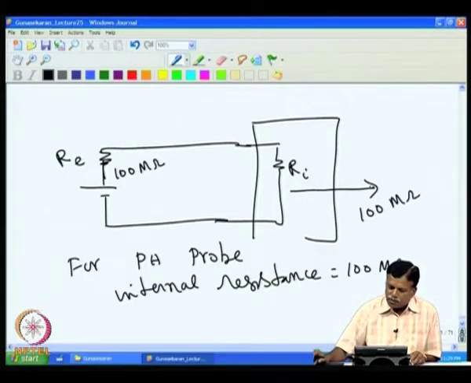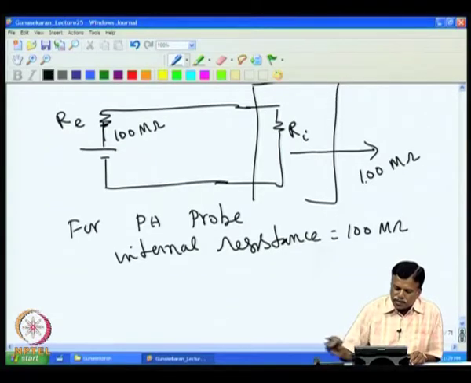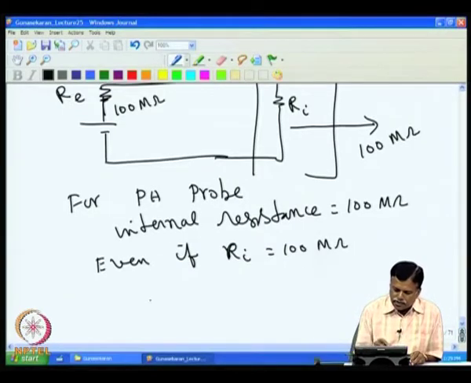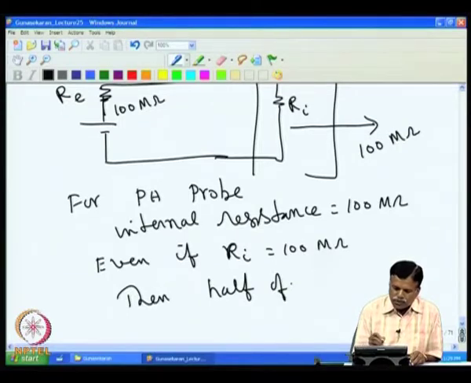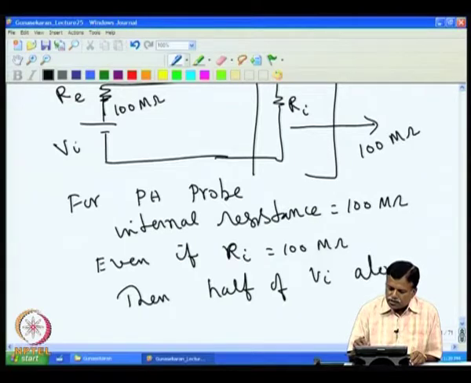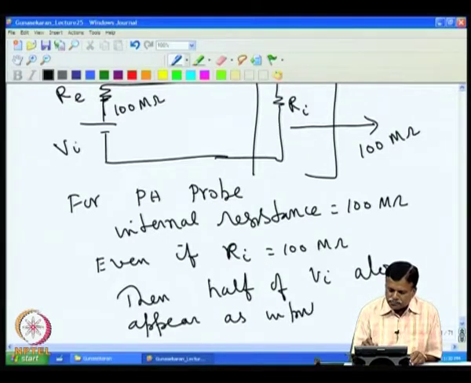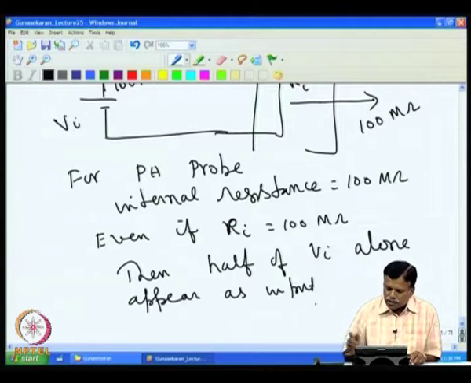Even if Re is 100 megohm, then only half of Vi alone appears as input at the instrument.